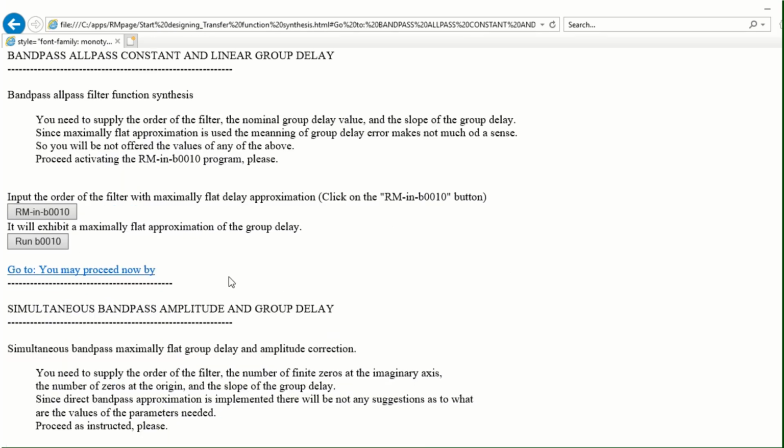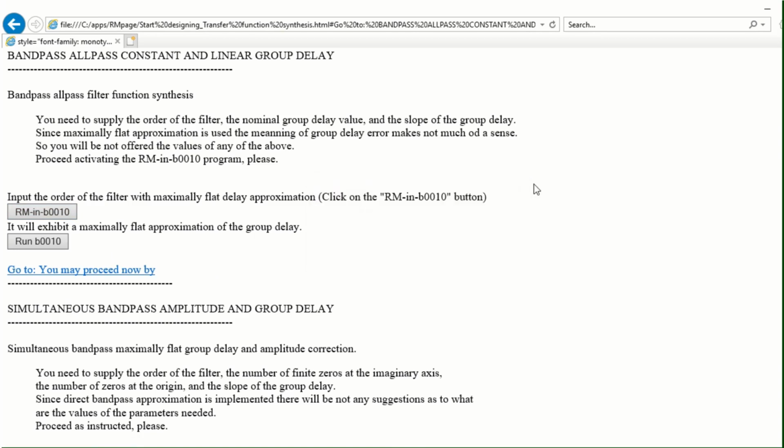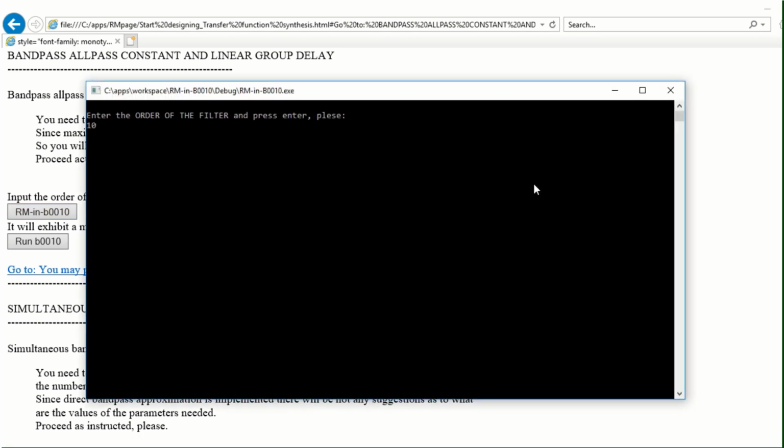group delay. We need to supply the order of the filter, and we will put 10. Note now that the quantities such as the order of the filter, the nominal group delay, the slope of the group delay are interrelated and limited by the area under the curve of the group delay.